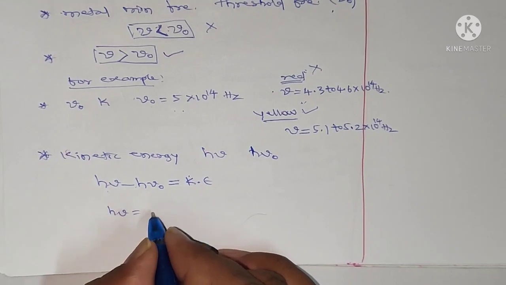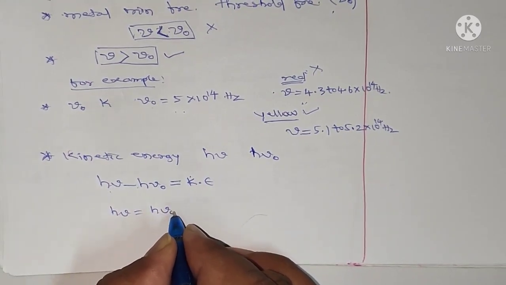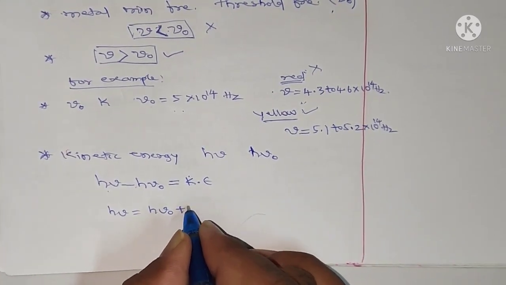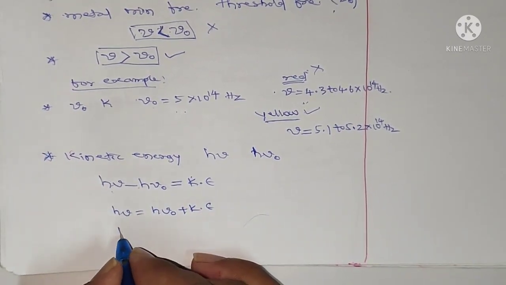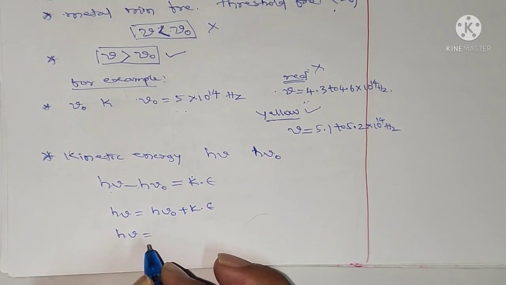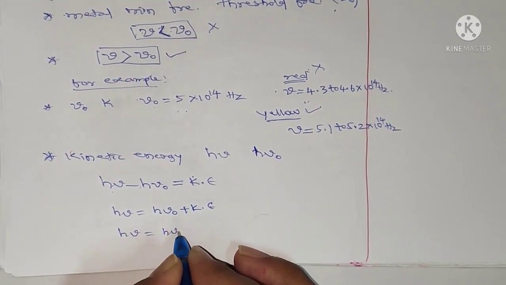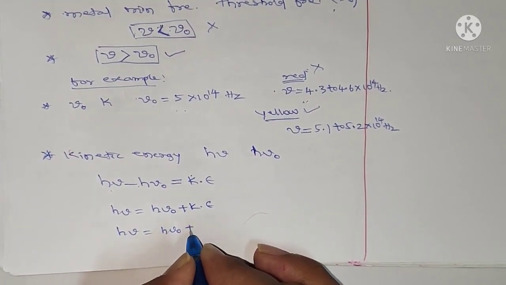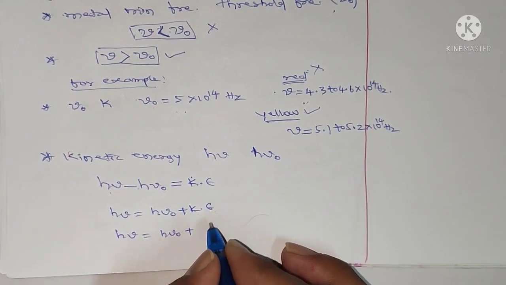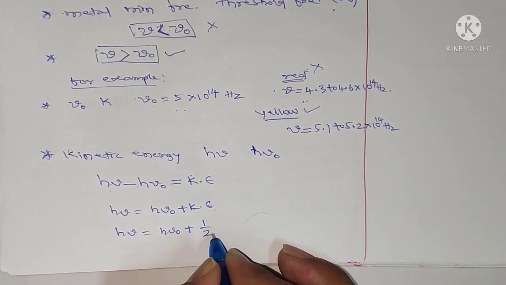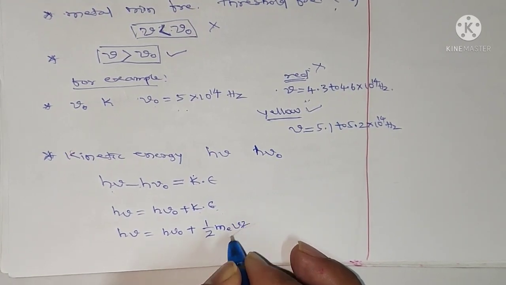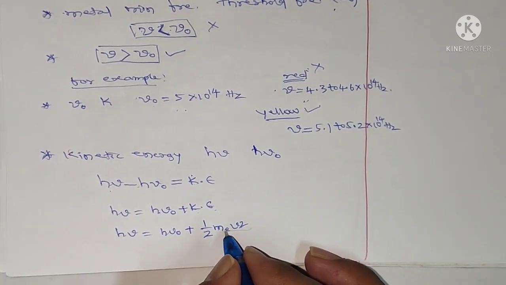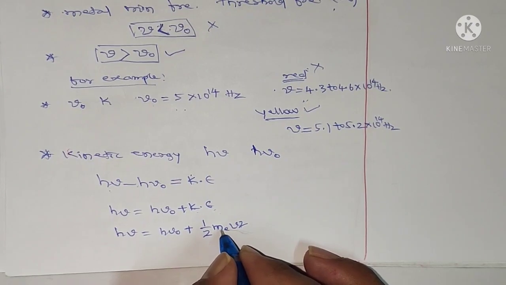So for the kinetic energy of the ejected electron, if h mu naught comes to this side, h nu is equal to h mu naught plus KE. Then h nu is equal to h mu naught plus half m e v squared, where m e is the electron mass.